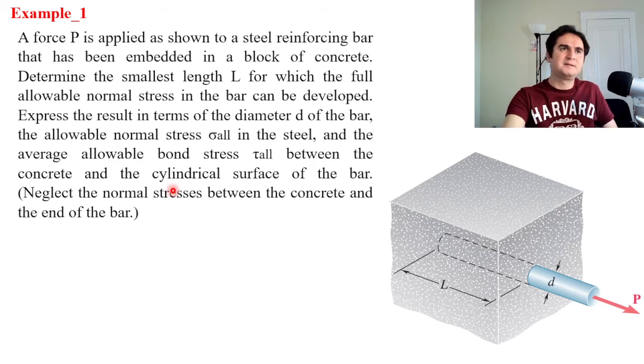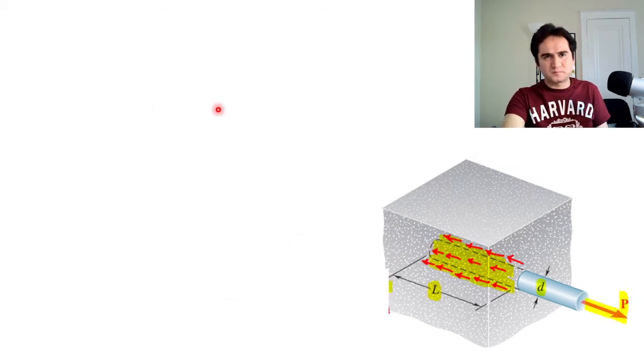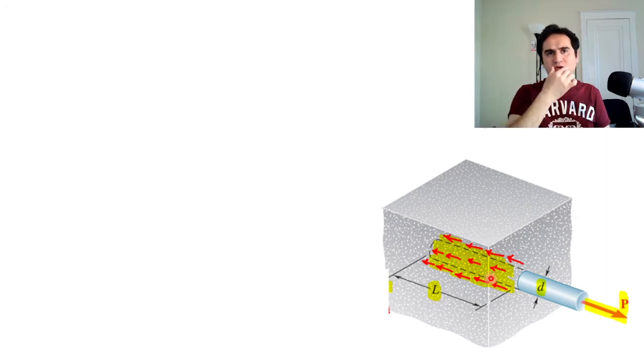So let's see how it works. When part of the bar is embedded in the concrete block and you try to pull it out, a drag force in the opposite direction of your pulling force works all around the surface of your cylinder, and that's the friction or shearing force.